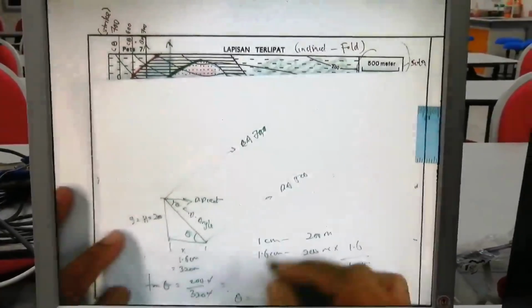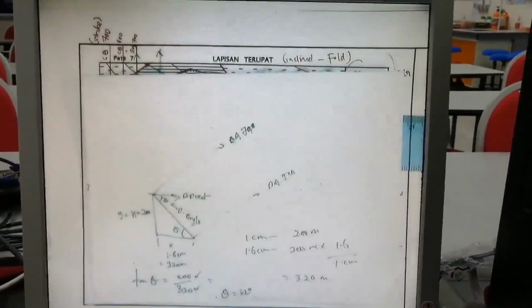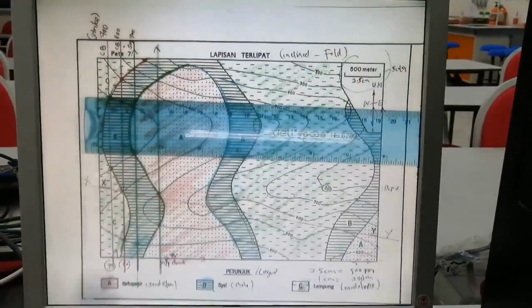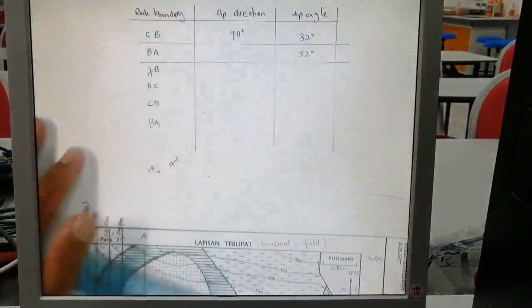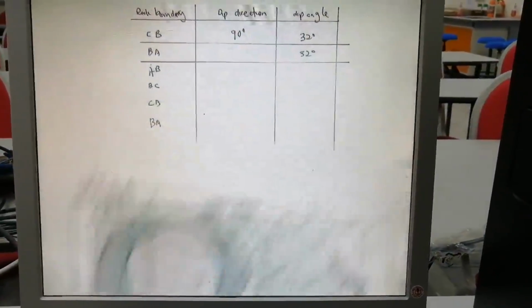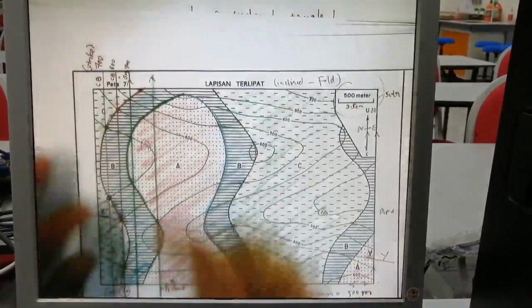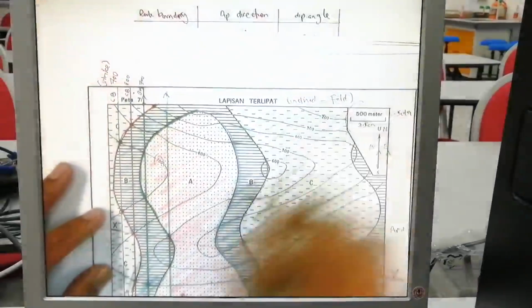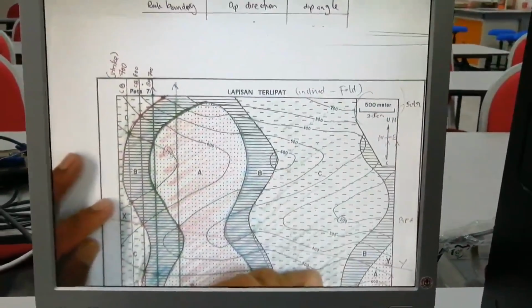Then we get this 32 degrees as well, similar to before. So for BA, we also get 32 degrees. The BA dip direction is from the highest point. We have 700. Put a point here or point here, as long as it's at the boundaries, because this boundary is referring to north.